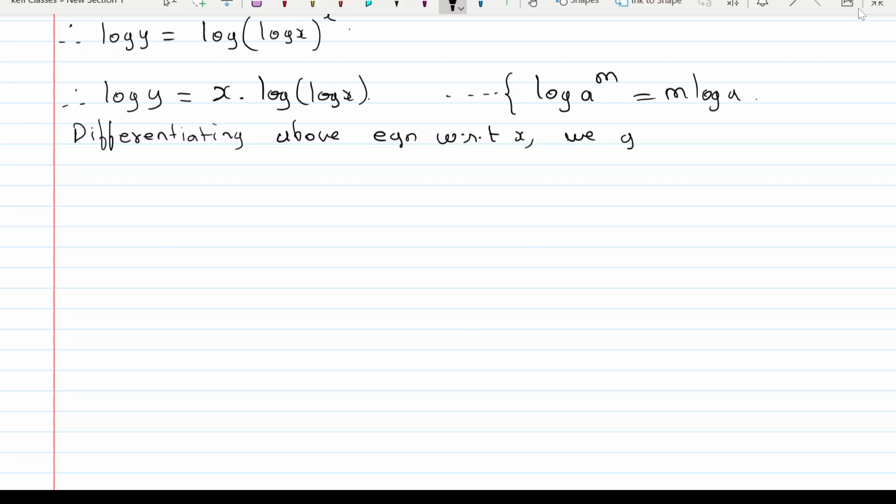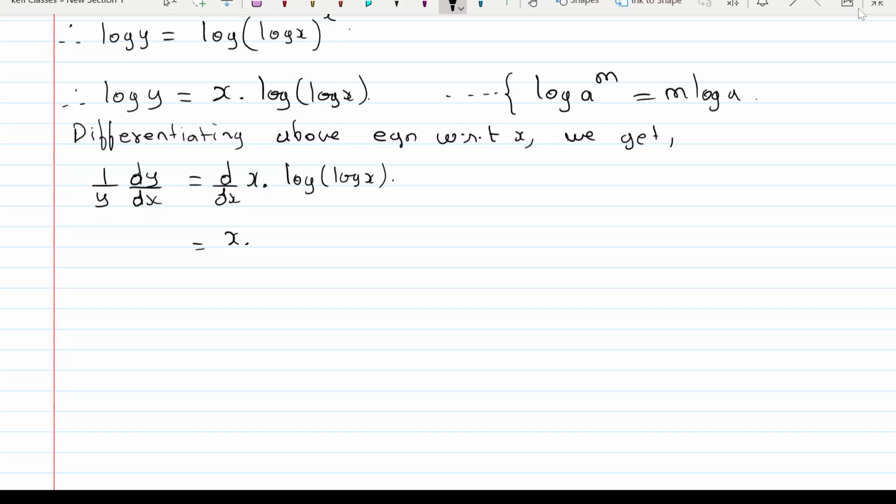We get 1 upon y dy by dx. I'm writing it directly. It's dy by dx of log y is equal to d by dx of x into log of log x. So now use the product rule.